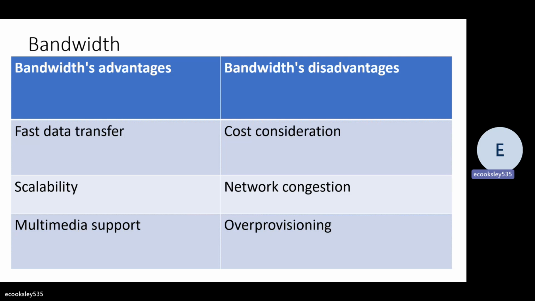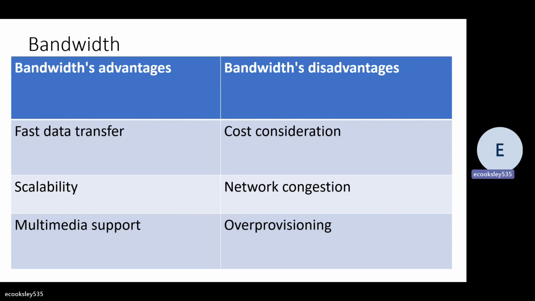Its advantages are fast data transfer. Sufficient bandwidth ensures quick and efficient data transfer, enabling high-speed communication, file sharing, and application responsiveness. It reduces delays and enhances user experience. Next, there's scalability. Identifying bandwidth requirements allows for network scalability to accommodate future growth, increased user demands, and emerging technologies. It ensures the network can handle expanding data traffic without performance degradation.